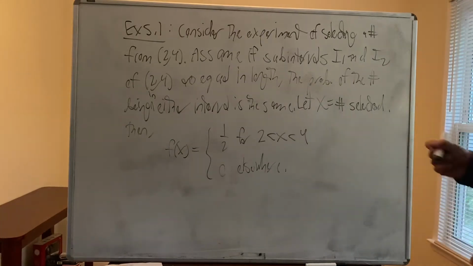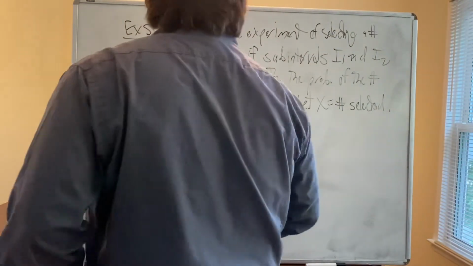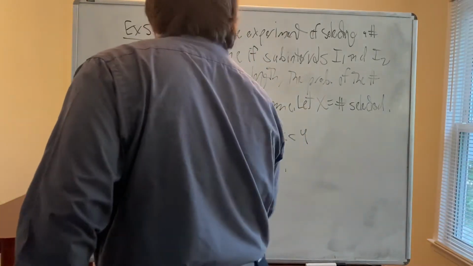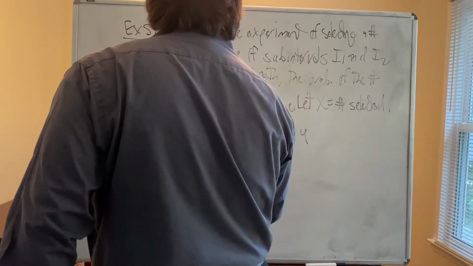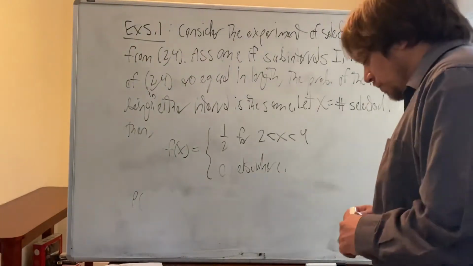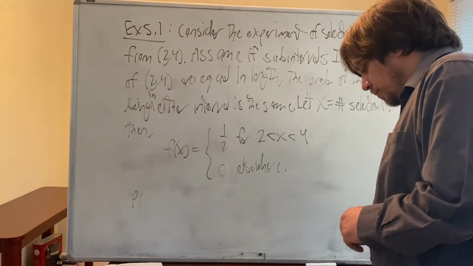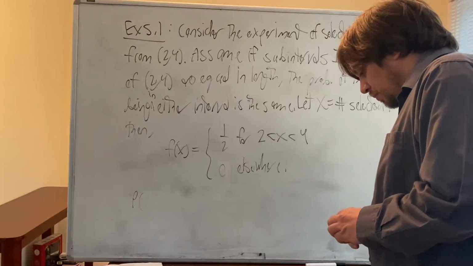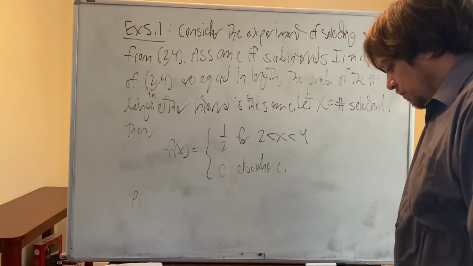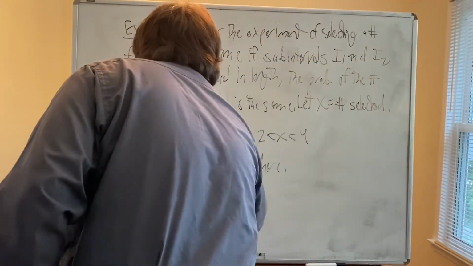Okay, and so you can show this by saying, what is the probability that 2 is less than x less than 4?